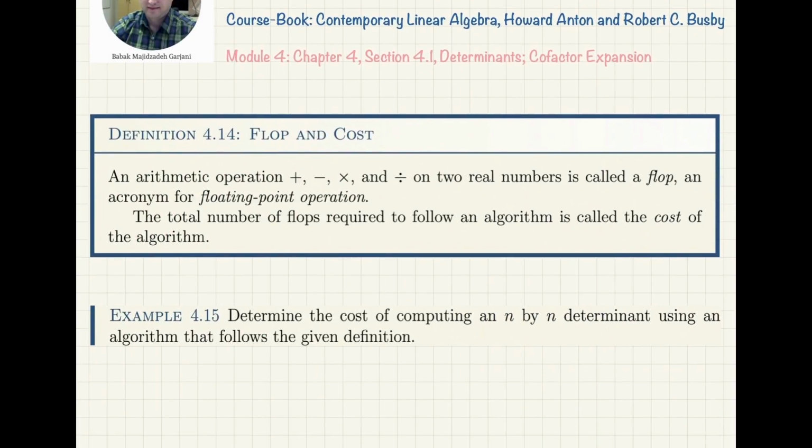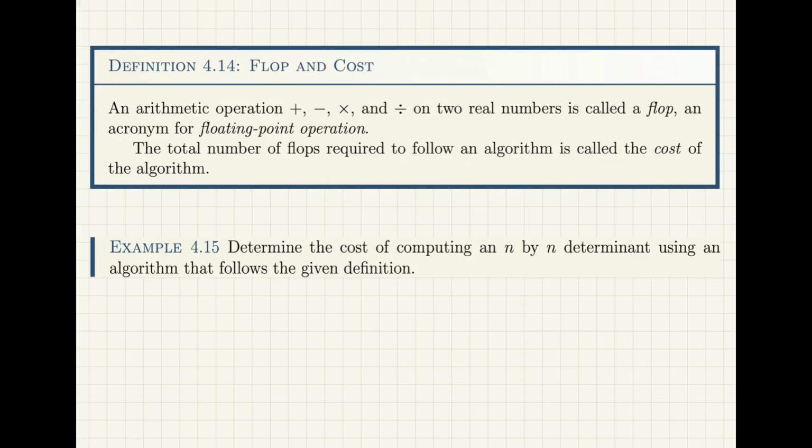Definition: flop and cost. An arithmetic operation, addition, subtraction, multiplication, division, on two real numbers is called a flop in computer jargon, an acronym for floating point operation. Okay, so that's the meaning of a flop.